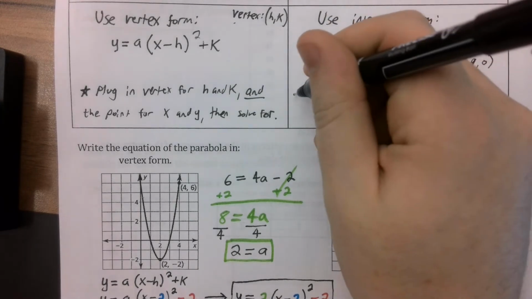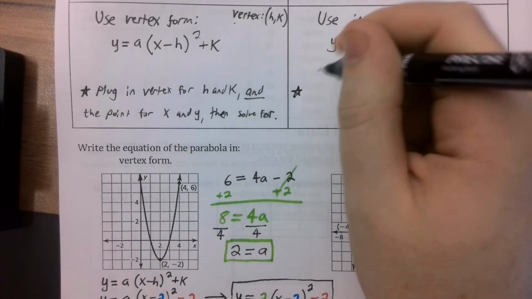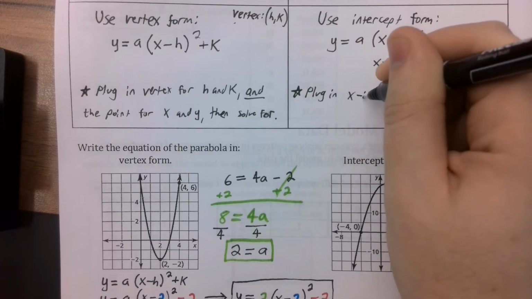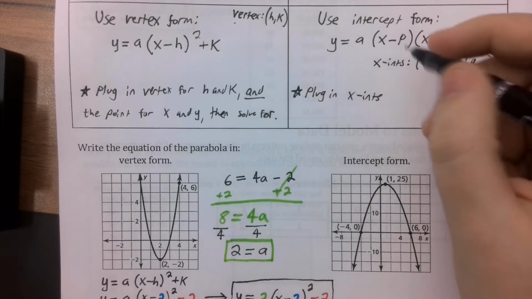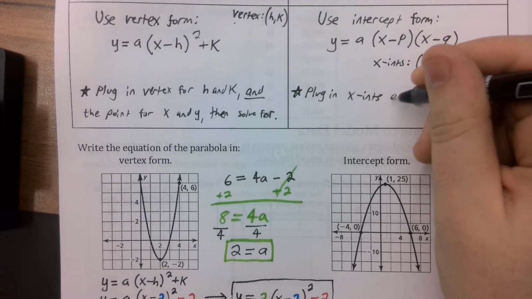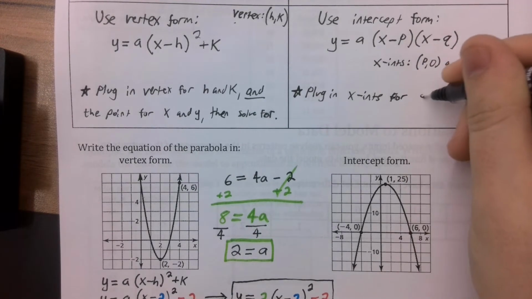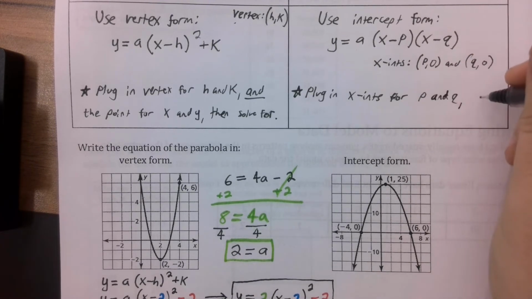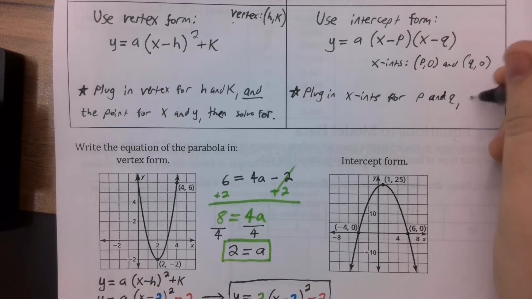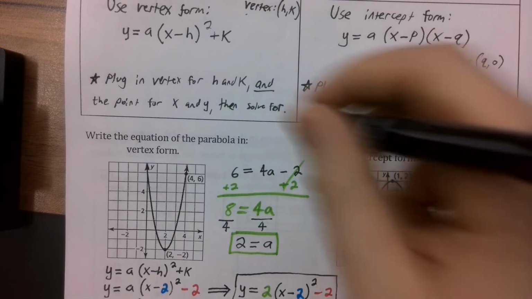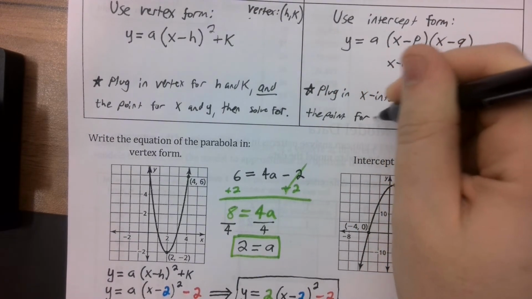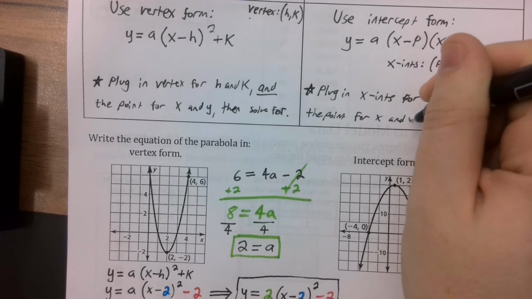Just like before, we're going to plug in everything we know to solve for a. So let's plug in the x-intercepts for p and q, because those are what the intercepts are, and the point that we're given for x and y.